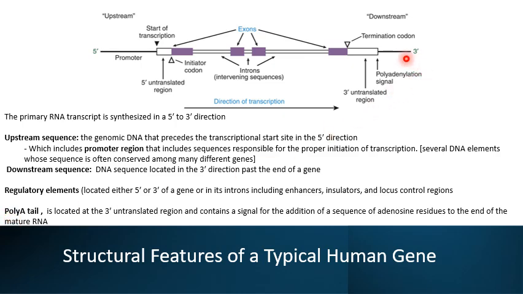This is located here in the 3 untranslated region and contains a signal for the addition of a sequence of adenosine residues to the end of the mature mRNA. Okay, so we have an upstream at the 5-end, downstream at the 3-end. We have a promoter at the 5-end. We have a poly A tail at the 3-end.